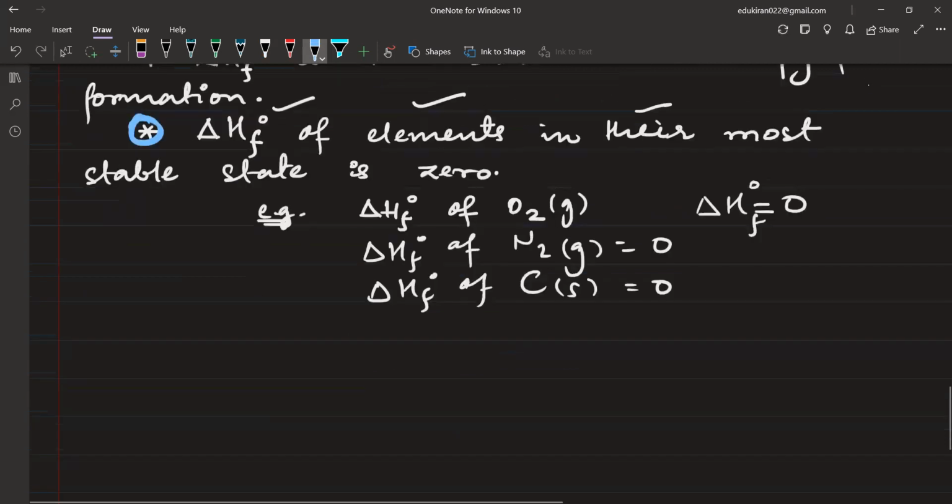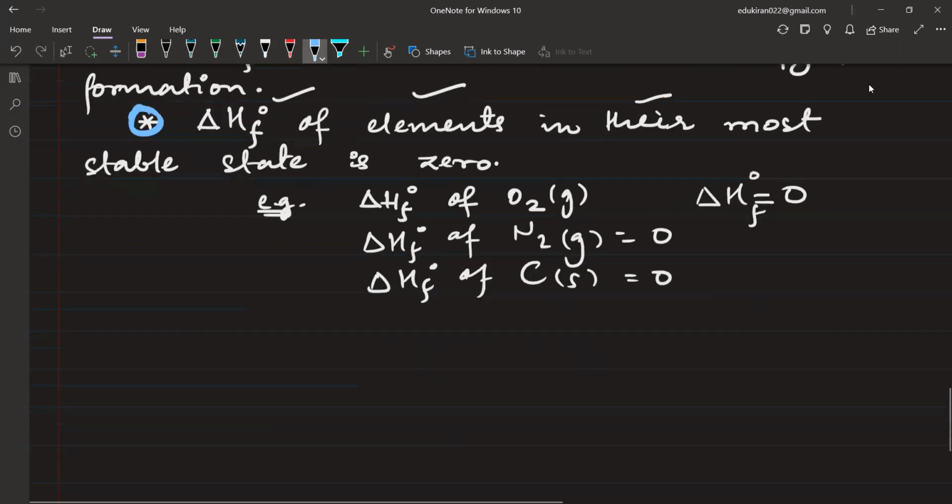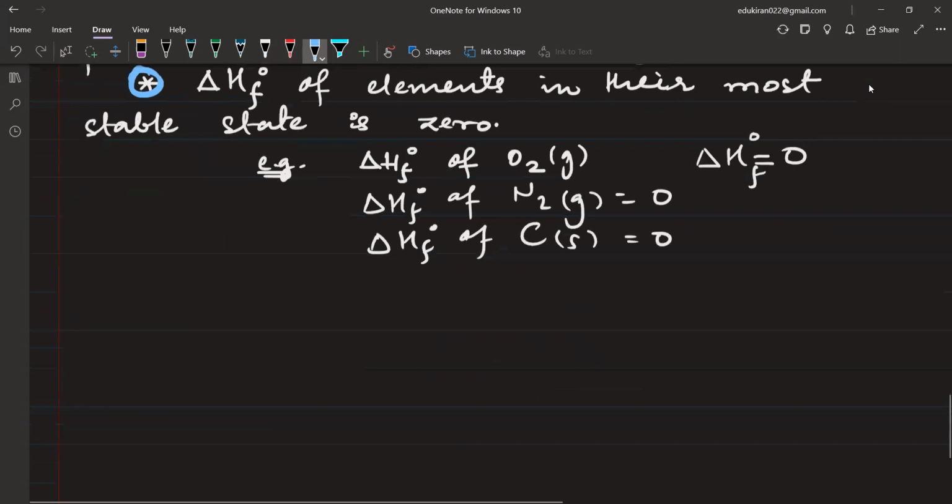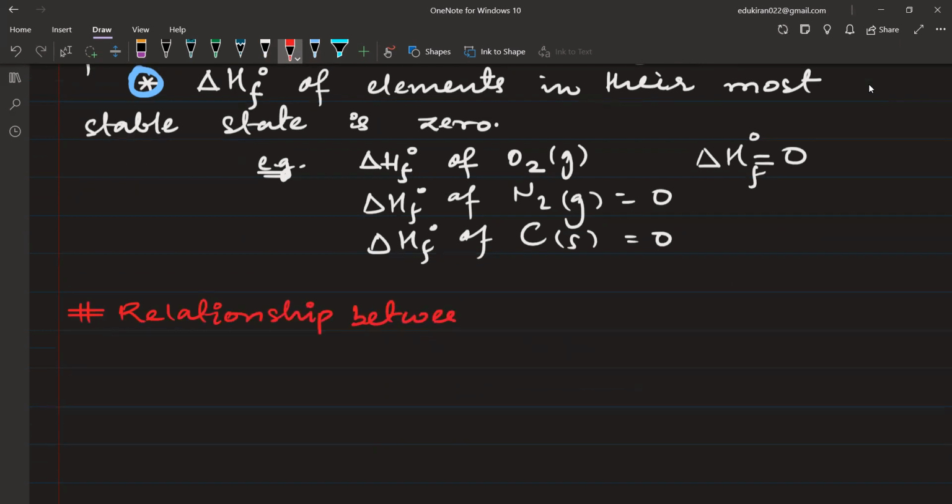Right, next, relationship between standard enthalpy of reaction and standard enthalpy of formation.